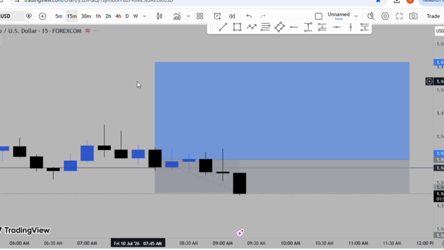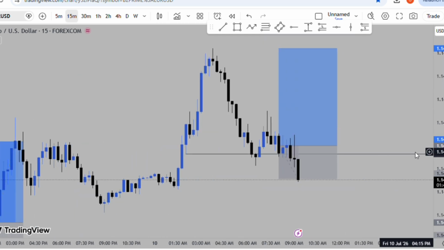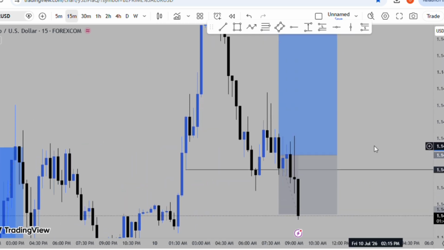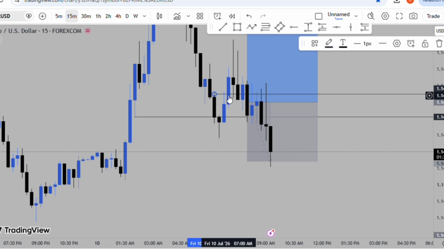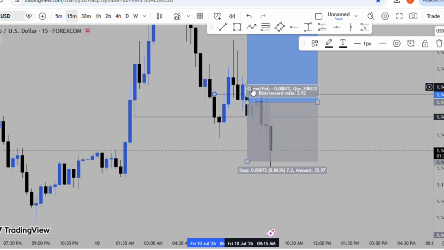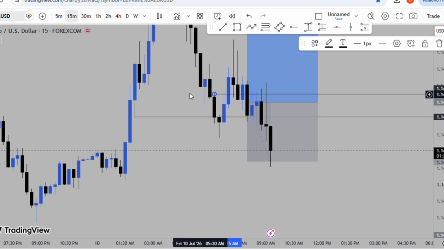Price did what? Price swept that particular low first of all and gave us a valid model 1 entry. Yes, this is a valid model 1 entry because price already broke above this and closed, giving us a valid model 1 entry.